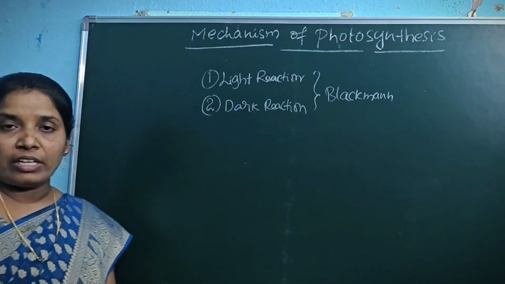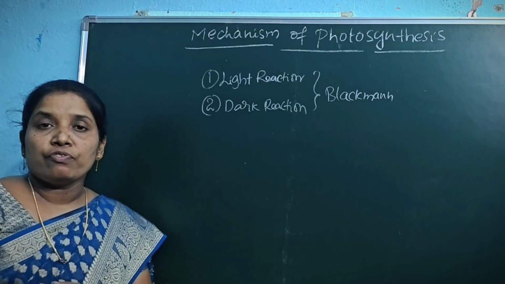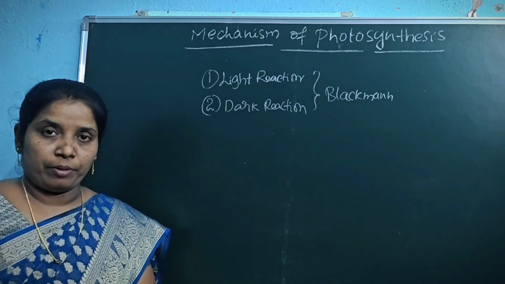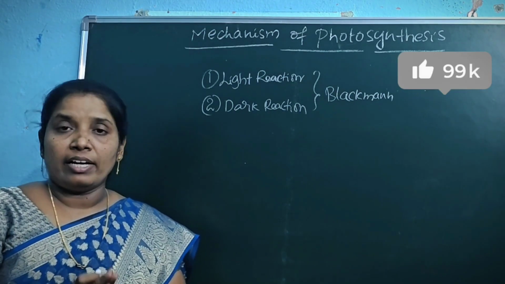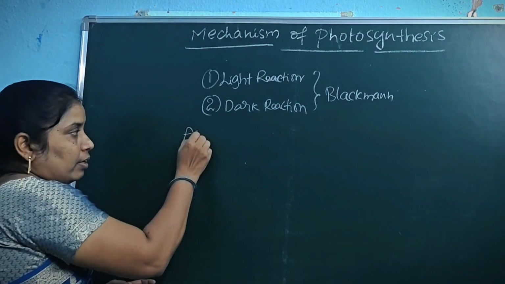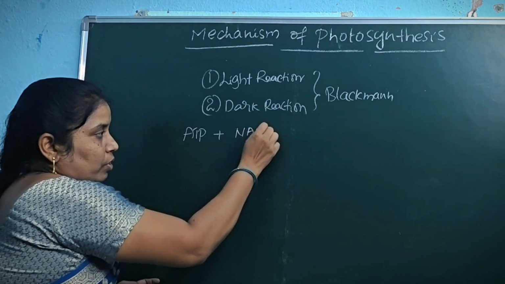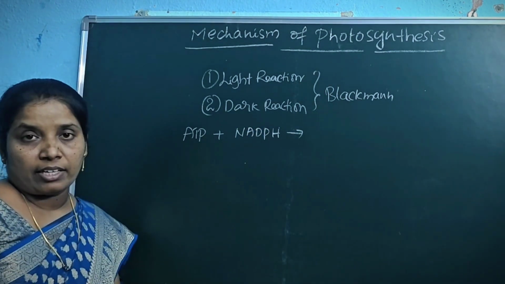Light reaction is also called photophosphorylation. Photophosphorylation means the light driven production of ATP. So ATP plus NADPH are going to be synthesized in the light reaction.